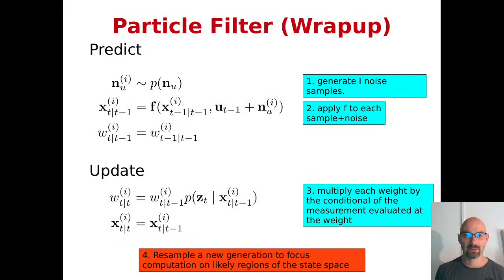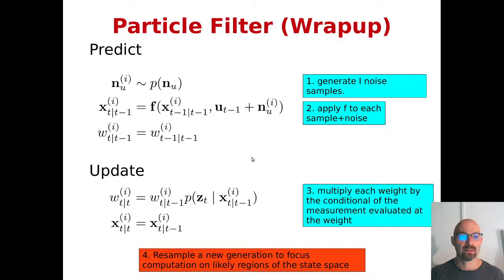And that's more or less the wrap-up of a particle filter. It's not the most complicated algorithm in the world. To do the predict, I start from a set of samples. For each of these samples, I draw a sample from the noise distribution, and I alter the position of the sample by applying the transition model, the transition function.